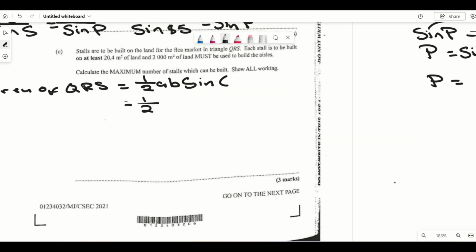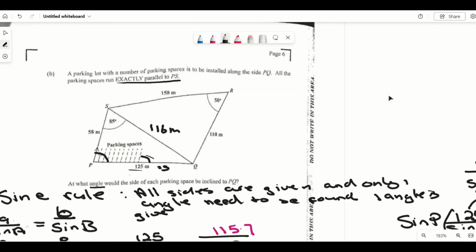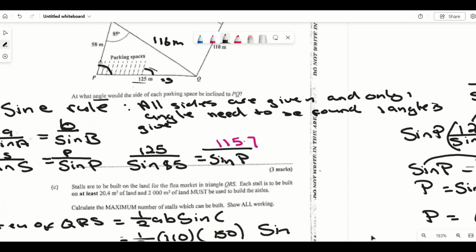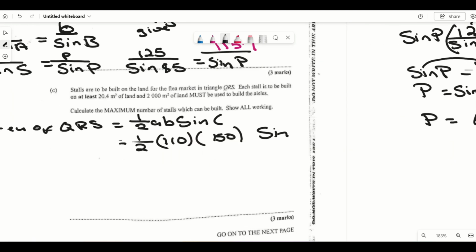Sorry. a is 110 multiplied by b, which is 150, sine C, which in this case, sine C is 50. Alright, so this is equal to, when you do this in your calculator, you get 6319.8667 meters squared. This is the total area.